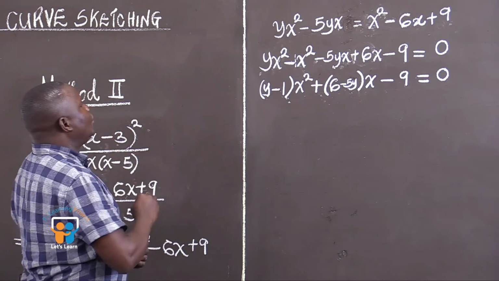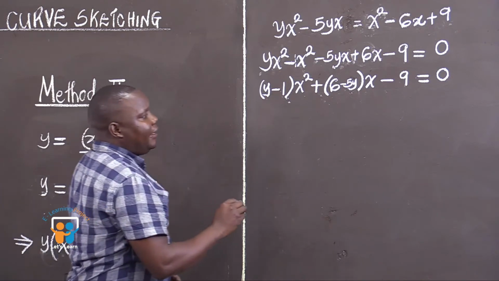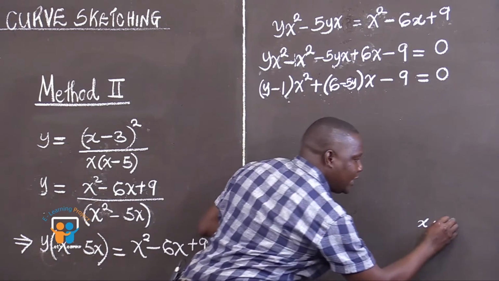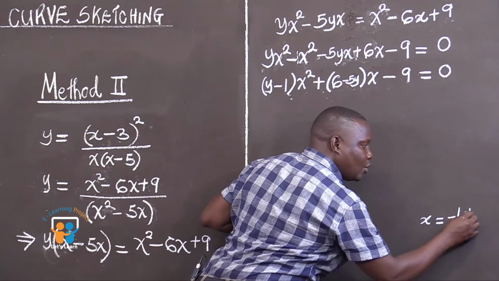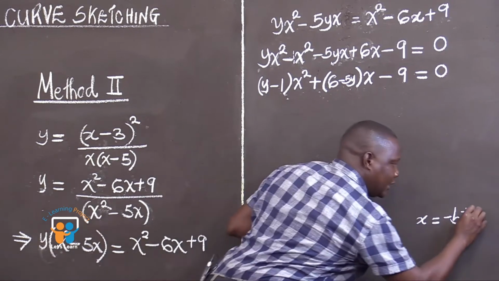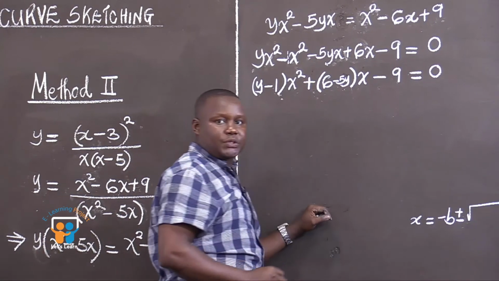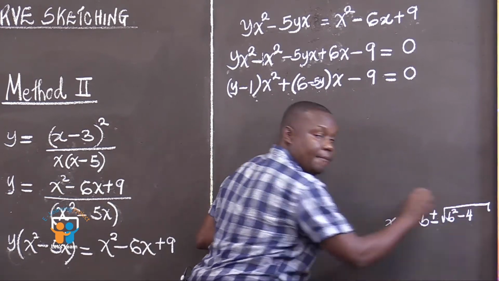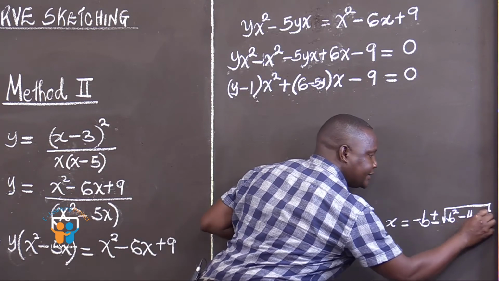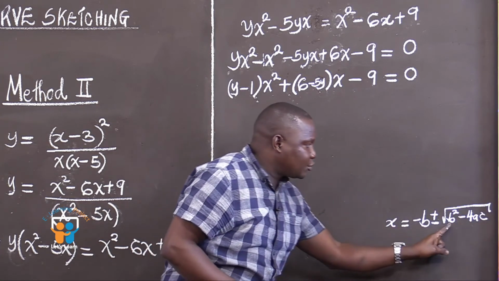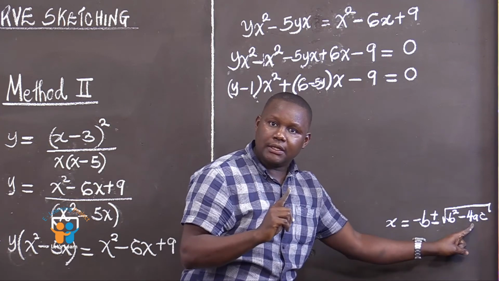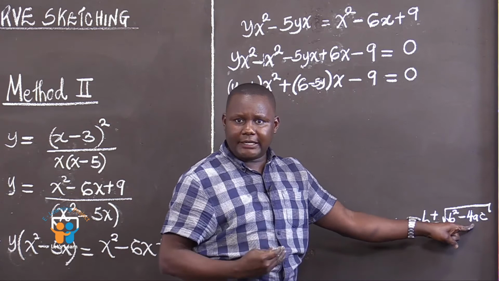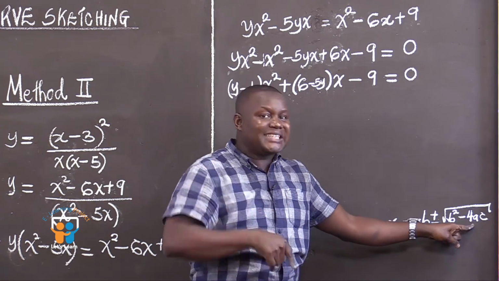If I can remind you, it is given by x equal to negative b plus or minus the square root of b squared minus 4ac. By the way, this one has a special name. It's called the discriminant. It tells us the kind of root we have. We're going to see how we're going to use it in the next area.